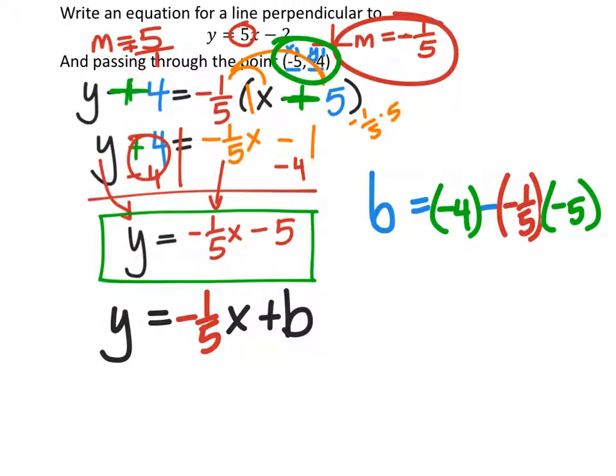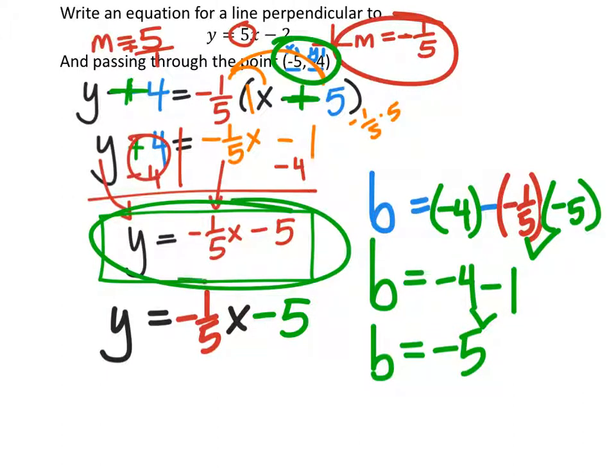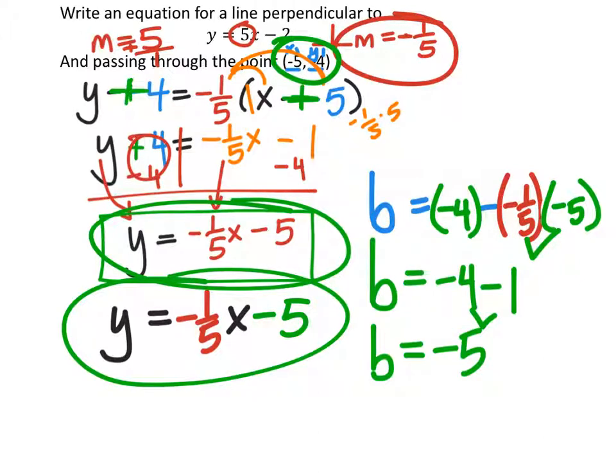So -1/5 times -5 would be a positive 1. That would give us -4 minus 1, and then b equals -5. So now I'm able to go into the equation and replace that b with -5, and you can see the two equations are exactly the same.